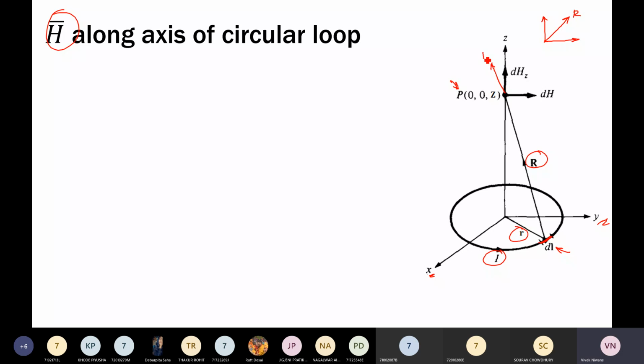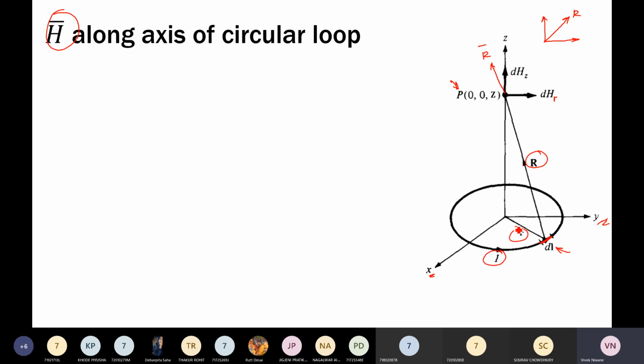So r bar can be split into a component along the z-axis and a component along the radial direction. So we have this setup, our mathematical setup, and using it we are going to do our mathematics.